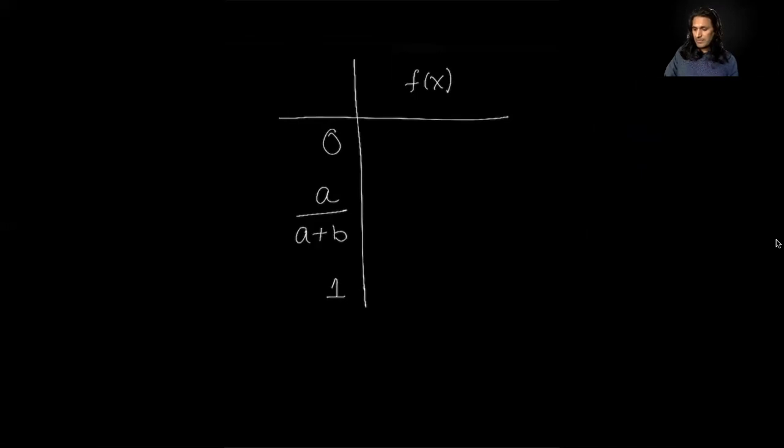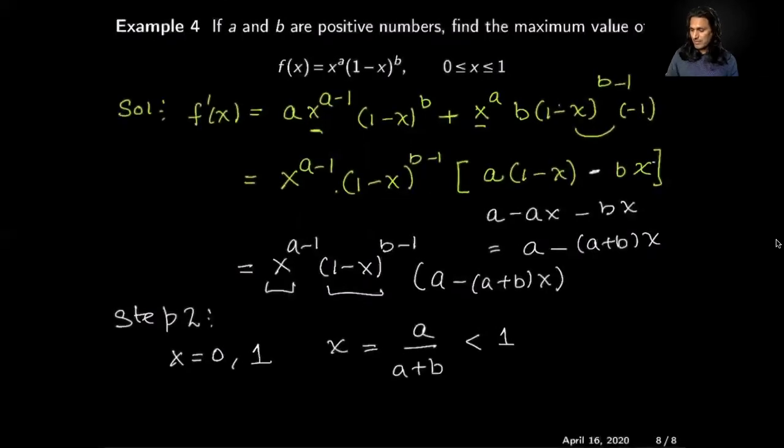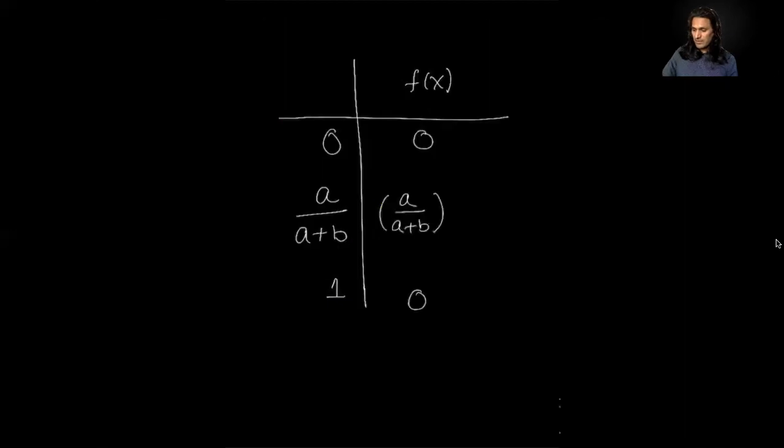So I will plug that into my function. If I plug in 0, I get 0. If I plug in 1, I get 0. And if I plug this one in, because the function is x to the power a, I get a over a plus b to the power a, and then 1 minus a over a plus b to the power b.